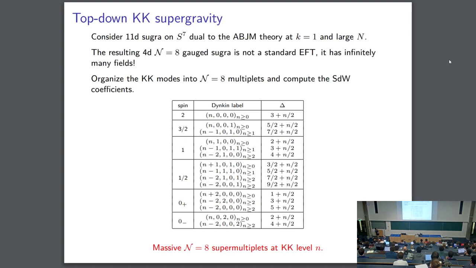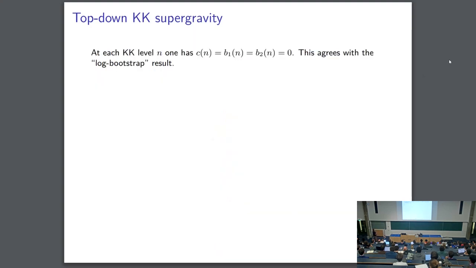And so now I have to use this information and my table of C, B1, B2 coefficients and assemble all of this and compute. And what happens is a little bit of a miracle, exactly what this bootstrappy argument told us should happen happens. And it happens order by order in this KK tower.